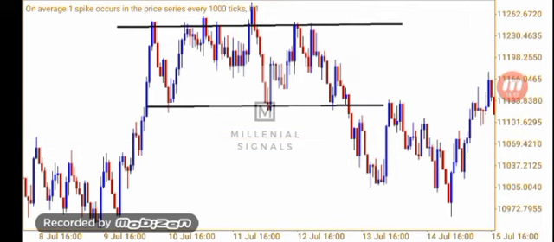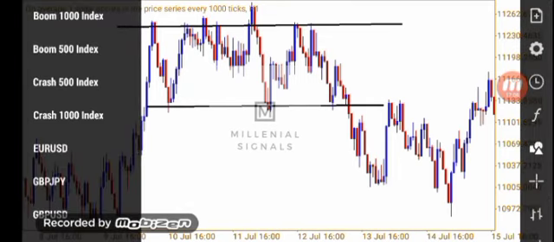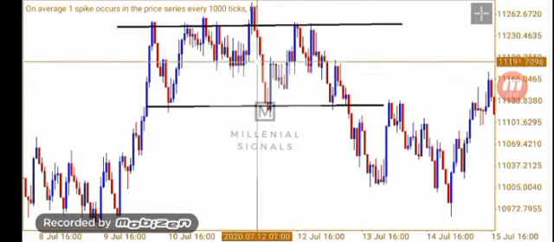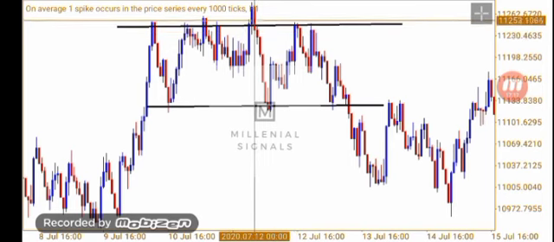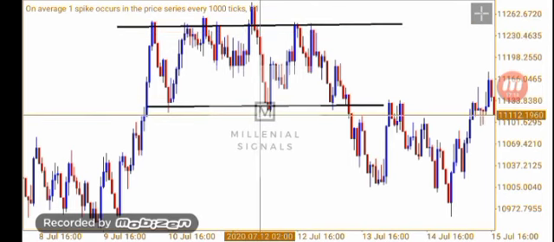Basically. And then you should also look at the bodies of the candles. You can see as it was making that move, the candles were not as big compared to here, when price made a big movement into a key level.